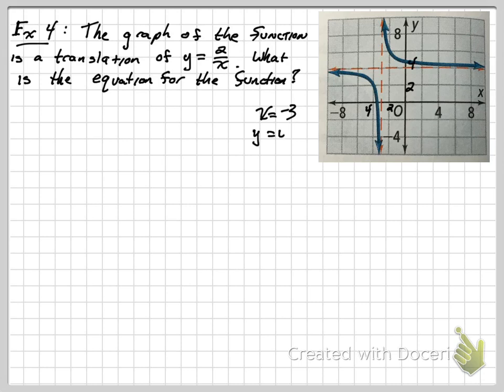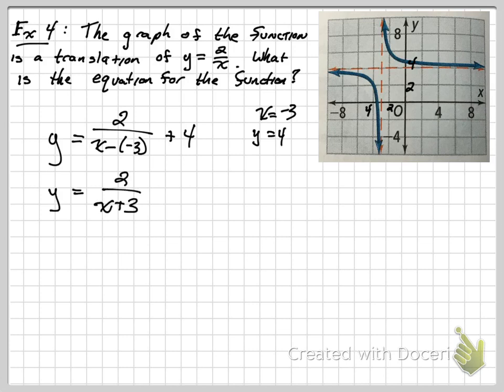It's y equals 4. So how can I represent that in my function? Y equals 2 over is not going to change. It's x minus h, which is negative 3, plus k, which is 4. So what is my actual function? Y equals 2 over x plus 3, plus 4.